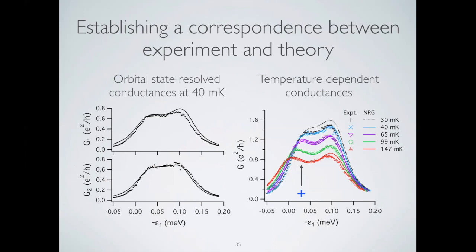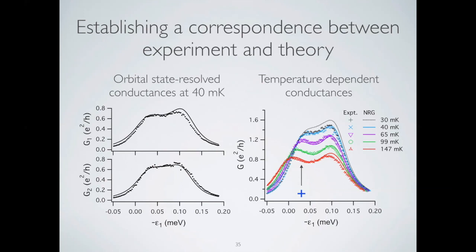We've measured every quantity in the bare Hamiltonian. And you can see that it matches really quite well as we change temperature and tune the number of electrons in the system, or the level below the Fermi level, until you get to quite low temperatures. And we still do not understand why at 30 millikelvin there's not a good match. We have other reasons to believe that our electron temperature is 20 millikelvin or below.